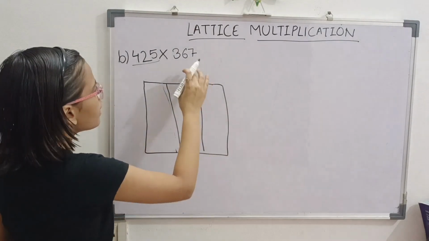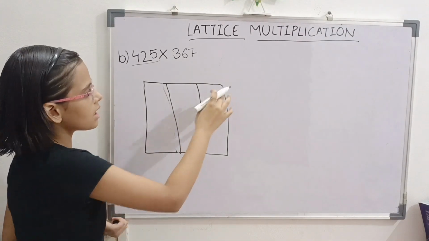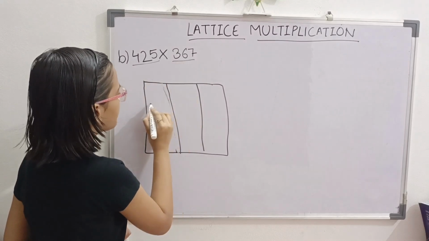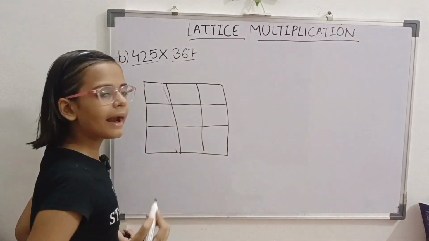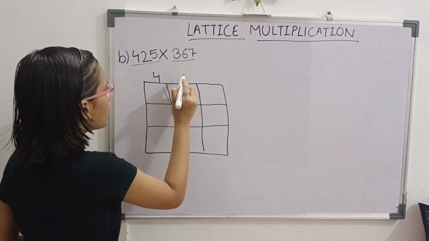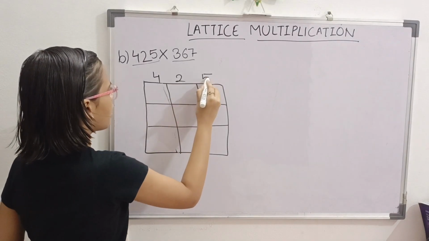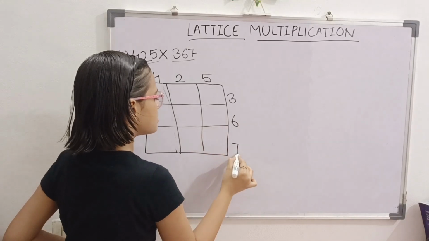And also we have to make 3 partitions here because it is a 3-digit number. And now we have to write the numbers here and here. 425 multiplied by 367.